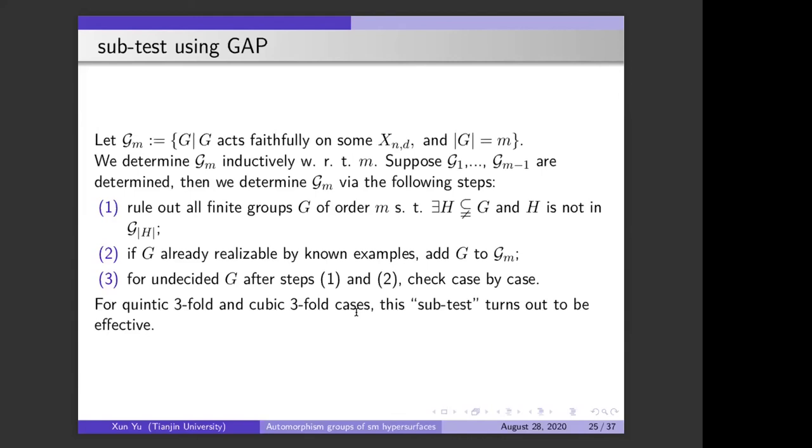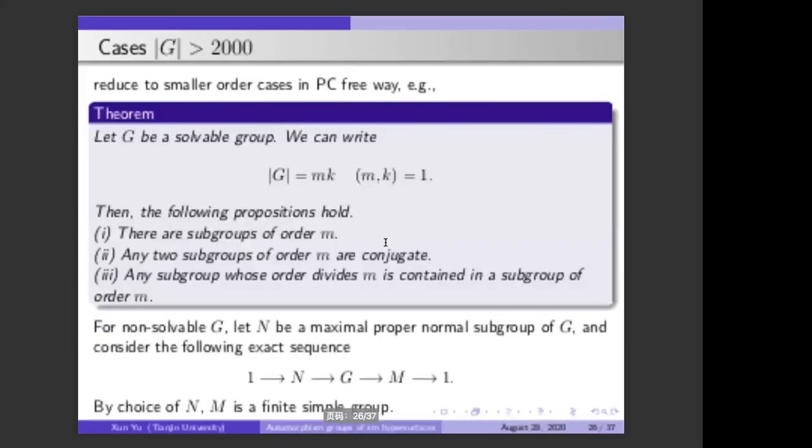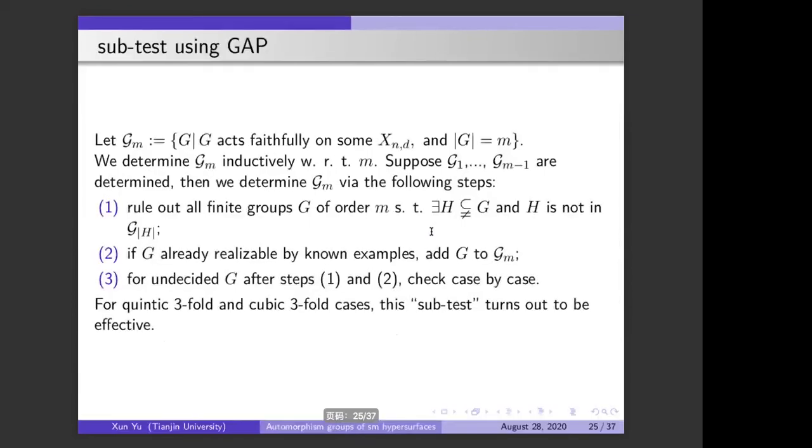In the quartic and cubic cases, this subtest turns out to be effective, meaning that in step 3 there are not too many groups needing a case by case check. Okay, this is the computer program GAP.